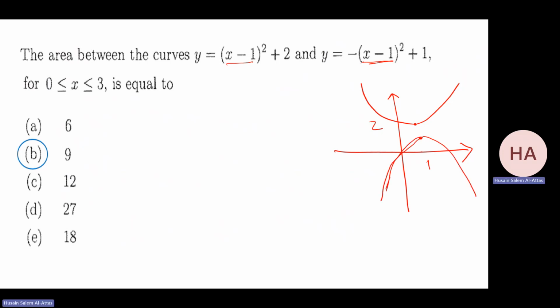Okay. We are given the area between the curves for x between 0 and 3. This point is what? This is 0, and I think this point is 2. I want it up to 3.